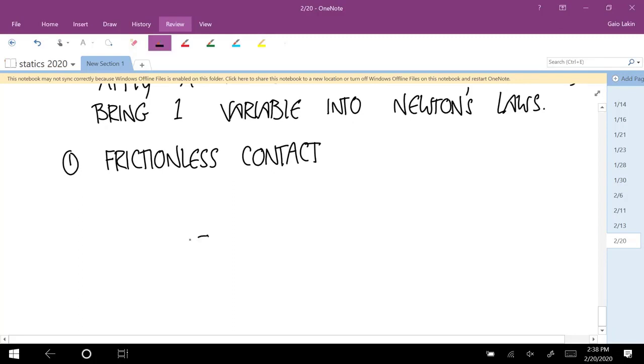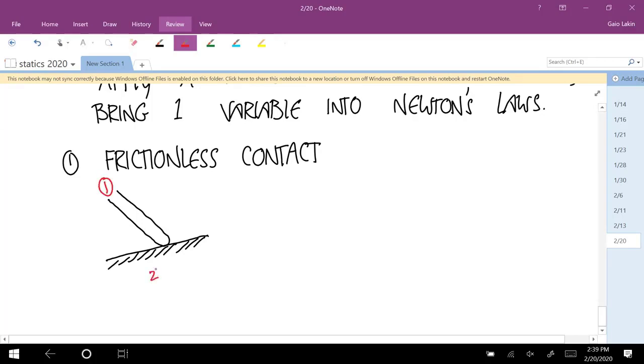I'm not really going to try to draw this in 3-dimensions, but it works the same way as it does in 2D. The direction is always perpendicular to the surface of contact.